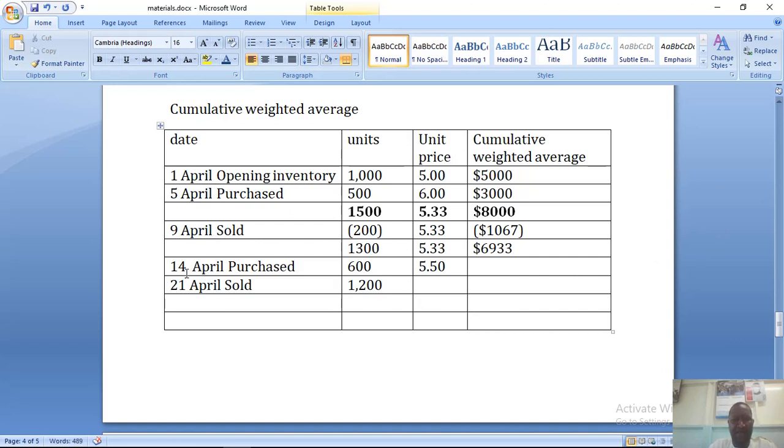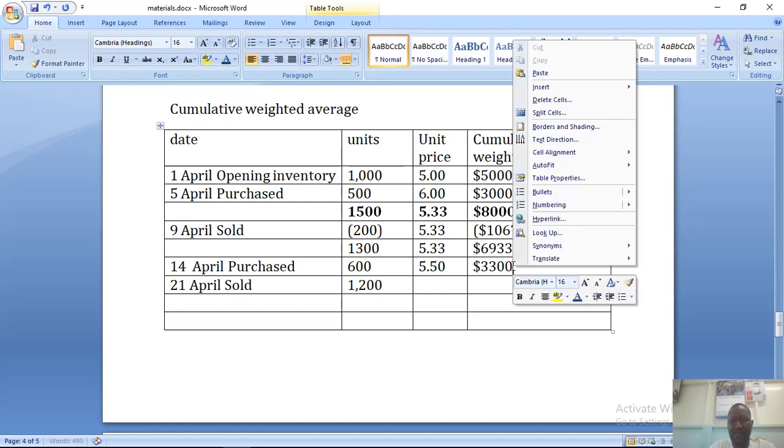After this stage, there is a purchase of 600 units at the value of 5.5. The total value of the 600 units is 600 multiplied by 5.5, which gives us $3,300.